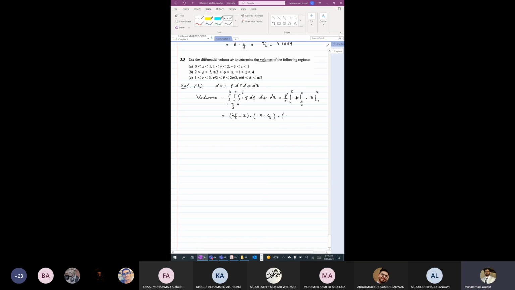For z, we put 4 minus -1, which is 5. 21 multiplied by 5 is 105, over 2, and then pi minus pi over 3 is 2 pi over 3.